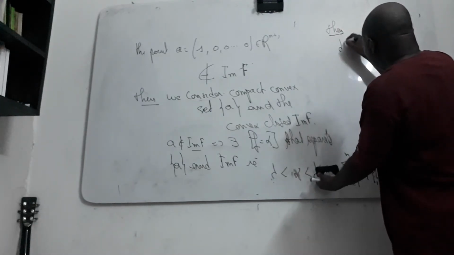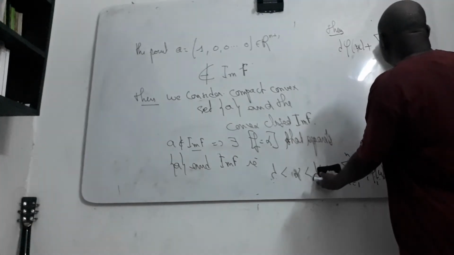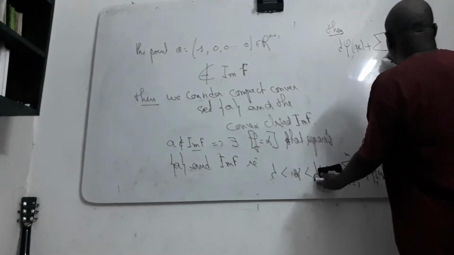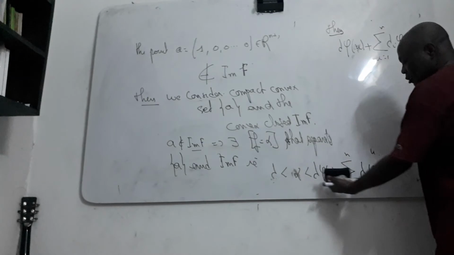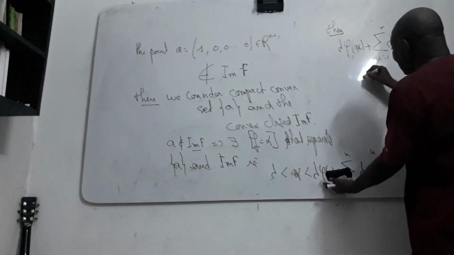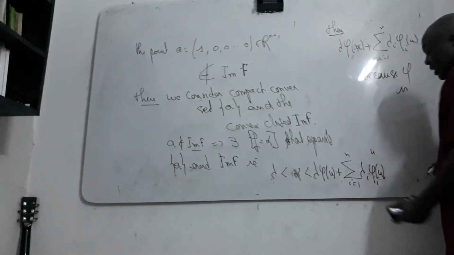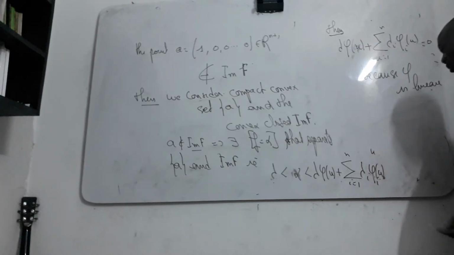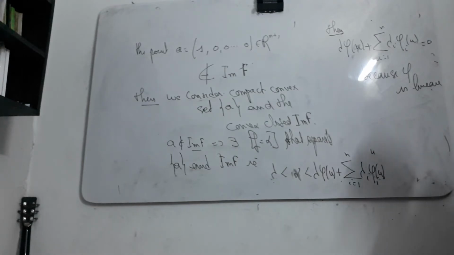Then lambda phi(u) plus the sum of lambda_i phi_i(u) must be equal to 0, because phi is linear and you are in a vector space. So this one, bounded from below like this, is necessarily equal to 0.